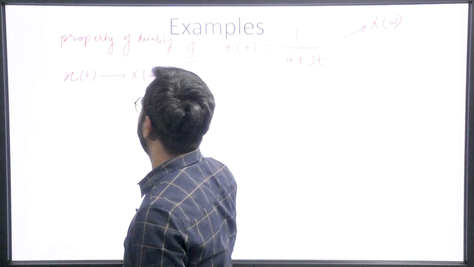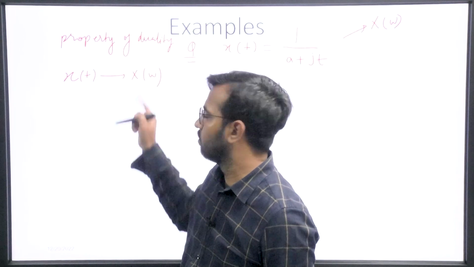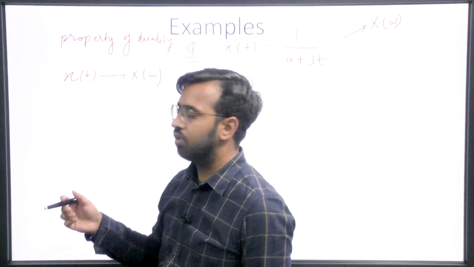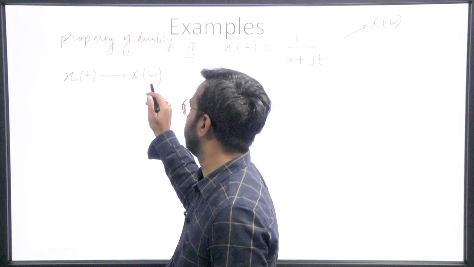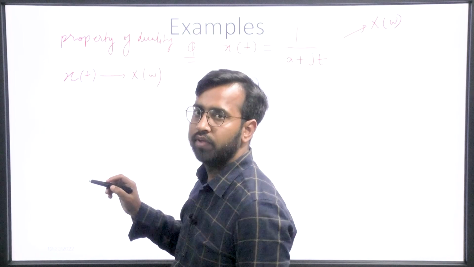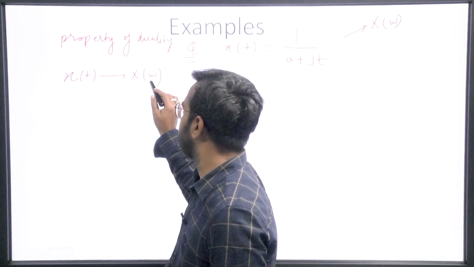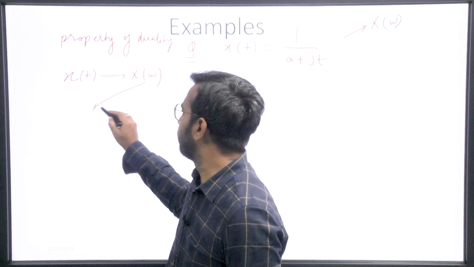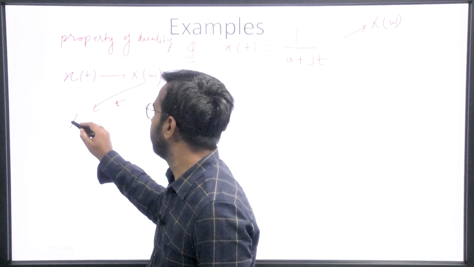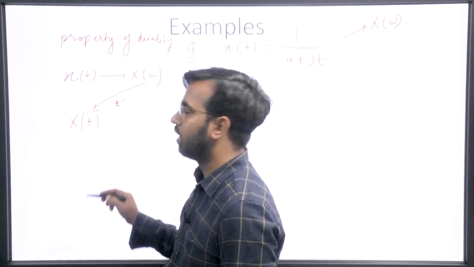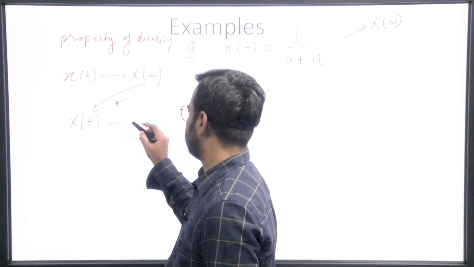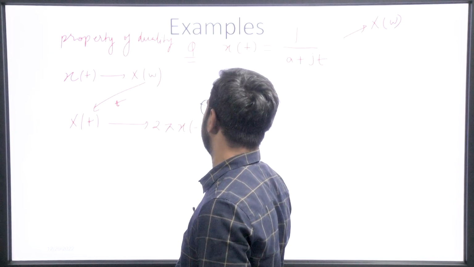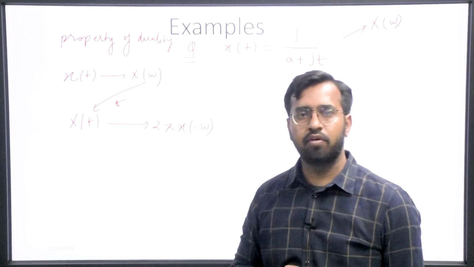If we have some x(t) for which the Fourier transform is X(omega), and we have some function which has a similar structure like X(omega), and we are required to find the Fourier transform of that, then what we have to do? We have to replace t by omega, and finally we will write 2 pi x(minus omega). So, this was the property of duality.